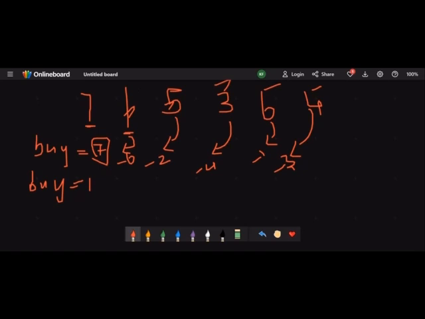Now when I buy this for 1, I can only sell it on the next days: 5, 3, 6, 4. So when I buy it for 1 and sell it on the day where I can sell it for 5, I get a profit of 4. When I sell it on this day, I get a profit of 2.